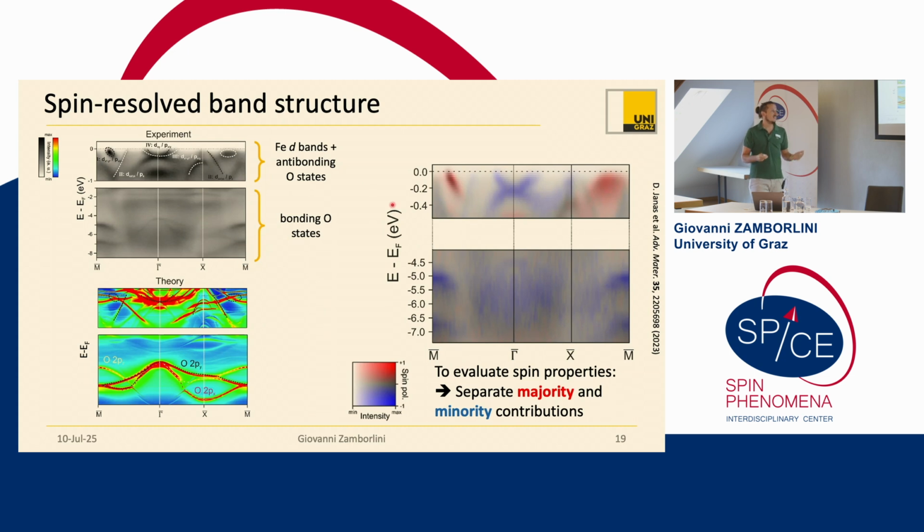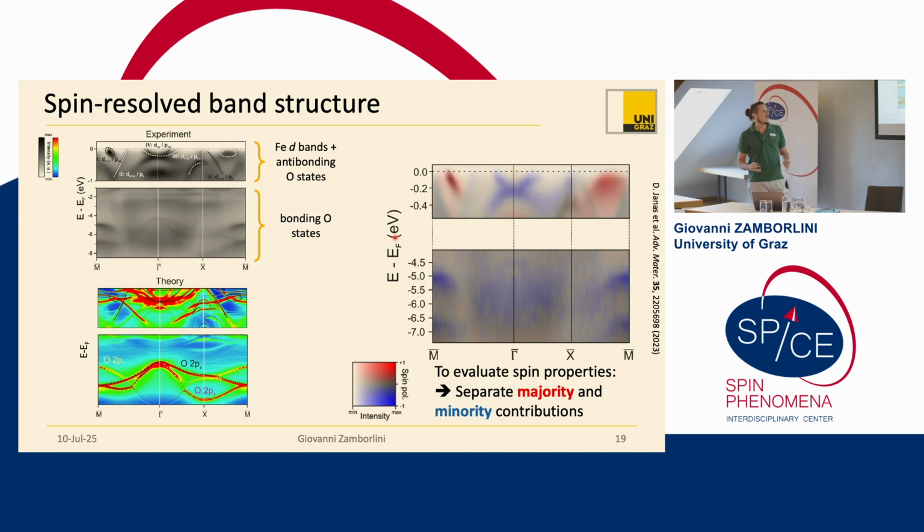The problem here is that it's very difficult in this color scale to evaluate what is happening, because you have the majority and minority contributions at the same time, and then the spectral weight of every band. It's nice to show in a publication, but if you want to quantify the splitting of the bands, the width of the bands, and all these kinds of parameters, it is much more difficult.